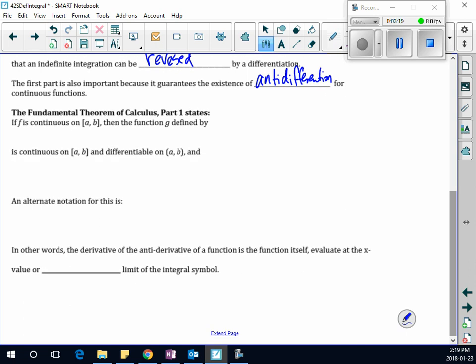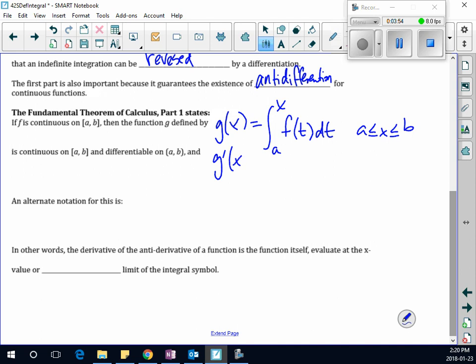So on your recipe card, you should actually write this theorem out. The fundamental theorem of calculus part 1 specifies that if f is continuous on the closed interval [a, b], then the function g defined by g of x equals the integral from a to x of f of t dt, where a is less than or equal to x is less than or equal to b, is continuous on the closed interval [a, b] and differentiable on (a, b), and g prime of x equals f of x.